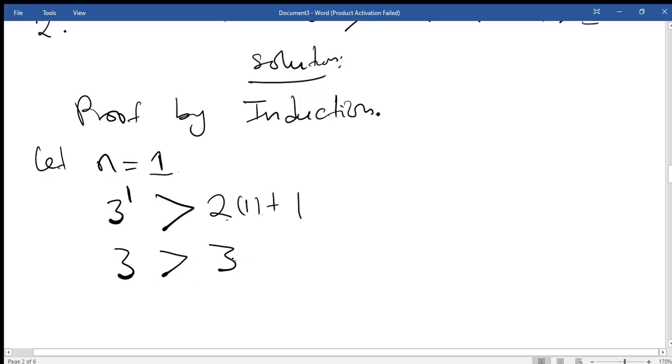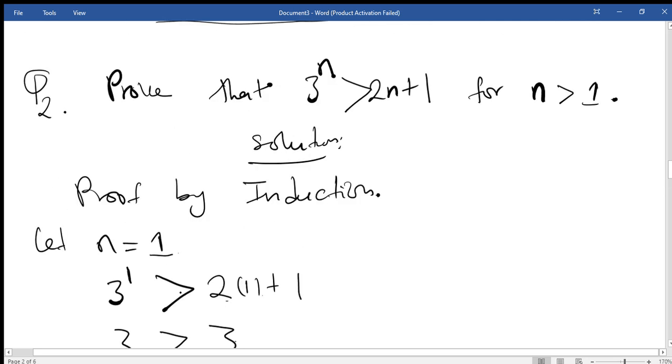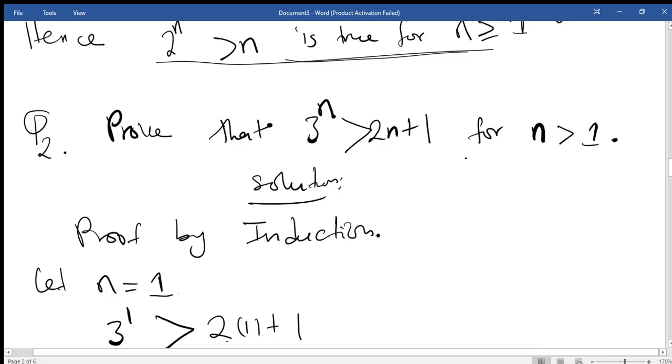Now, to just spice up things, because with this we cannot conclude that the base step is true. We continue. Now let's go back. The question says for n greater than 1, it does not mean that n is greater than or equal to 1. So here we have to pay attention to what has been given.